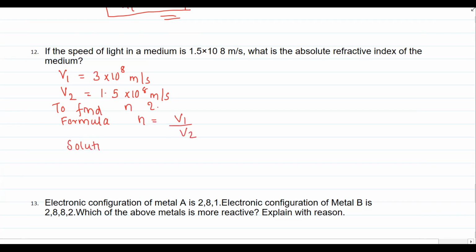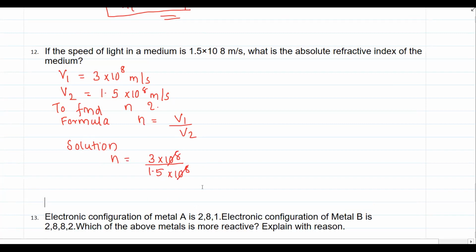We'll substitute these values in the given equation. We will get N is equal to V1 is 3 into 10 raised to 8 upon 1.5 into 10 raised to 8. 10 raised to 8 and 10 raised to 8 will get cancelled. And 3 divided by 1.5. We will get N is equal to 3 upon 1.5.